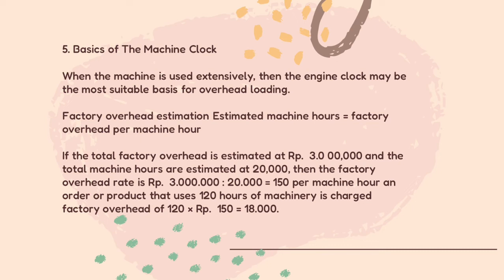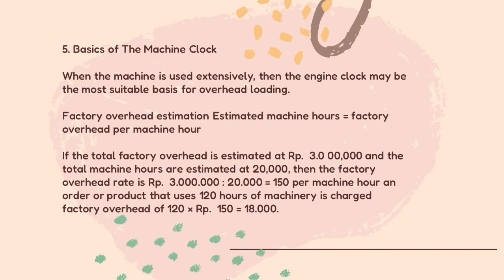So, if the total factory overhead is estimated at 3 million rupiah and the total machine hours are estimated at 20,000, then the factory overhead rate is 3 million rupiah divided by 20,000 equals 150 rupiah per machine hour.